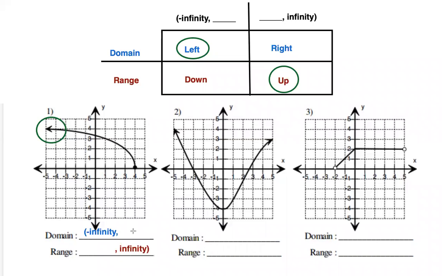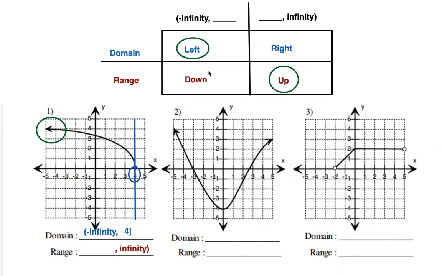For my domain, I need to find that missing right side. We didn't circle it, so that's what's missing. The right side of my graph is over here at the number 4. And that's a filled in circle, so it's going to be a bracket that we use. Negative infinity to 4.